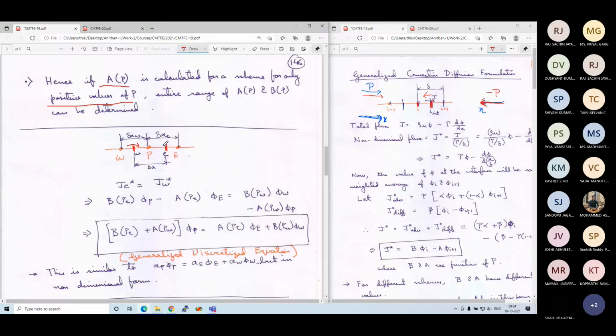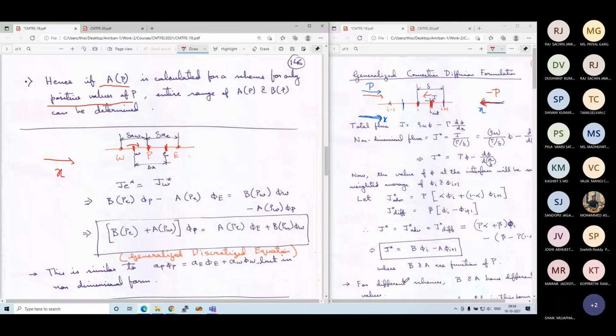Now we can write J star. Remember the east face. We have defined this scheme for discretization. So any J star can be written in terms of the preceding value phi P. Here phi I is phi P. This is the preceding value phi P. Again we are just denoting the normal coordinate direction.